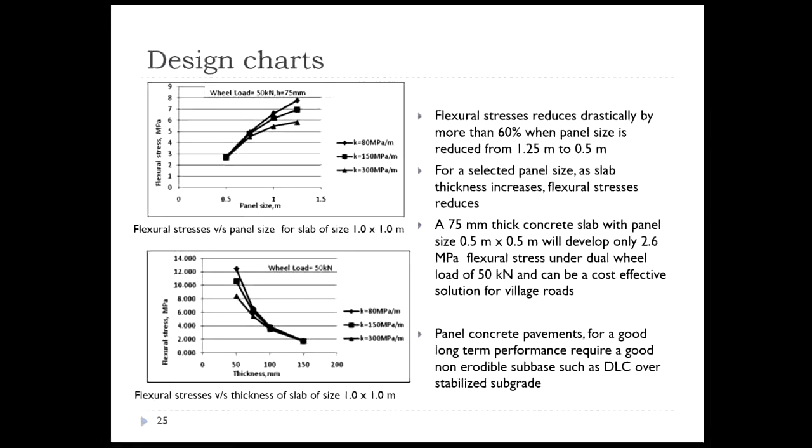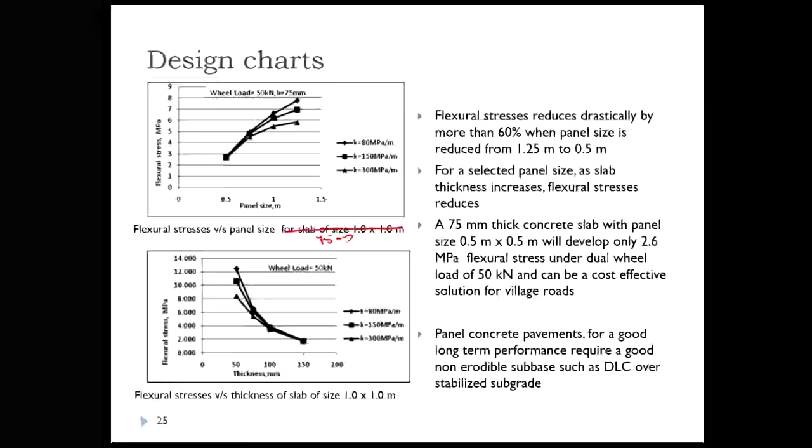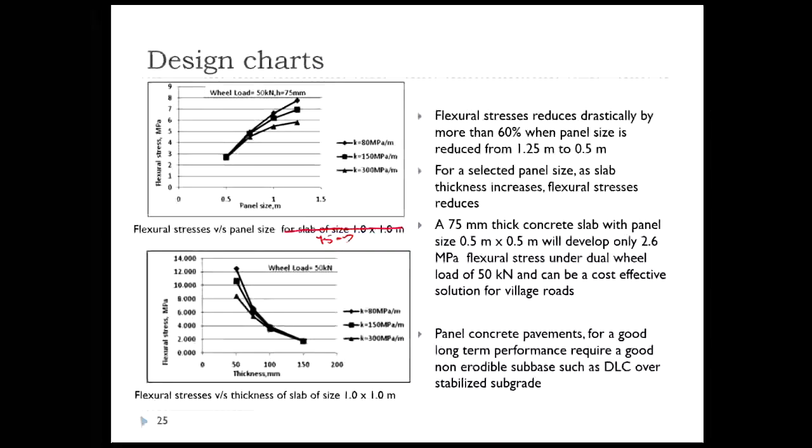Once we have selected our panel dimensions, I think this is basically for slabs of thickness 75 mm. Once we have chosen a particular panel dimension, there are design charts proposed in this paper from which we can identify our flexural stresses.